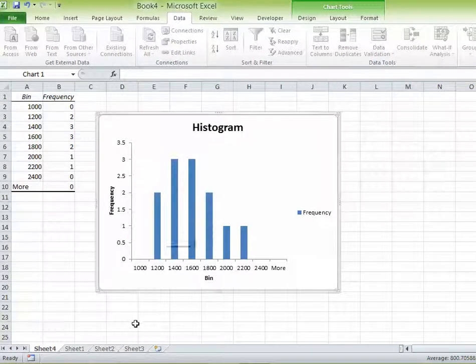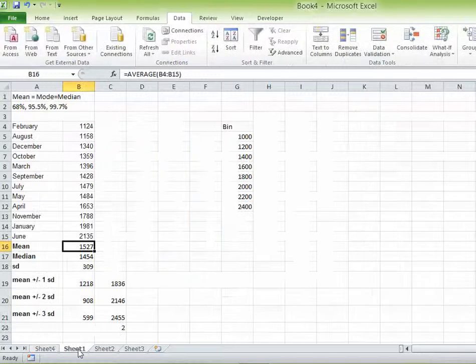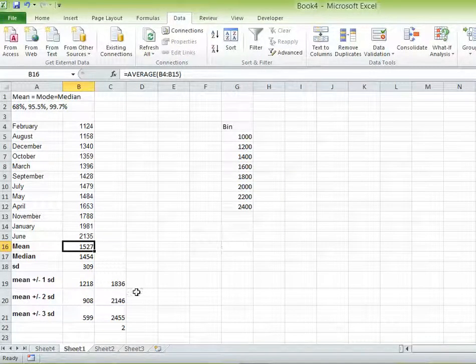Well, that's my guess. Okay, so let's go back now and let's do this test. How many values fall within these ranges?